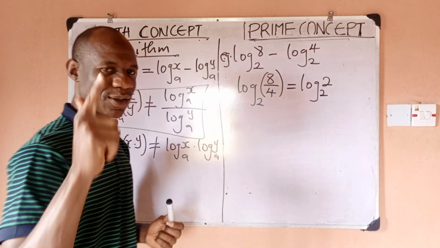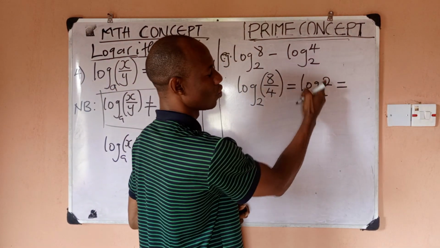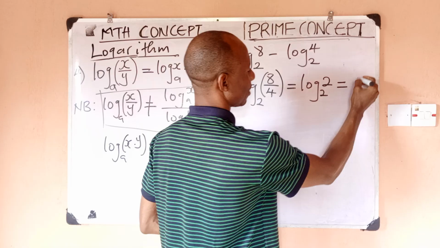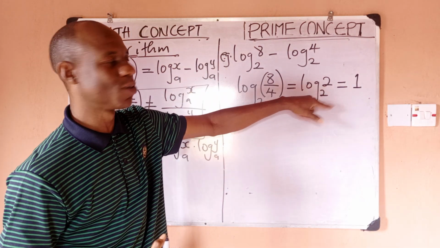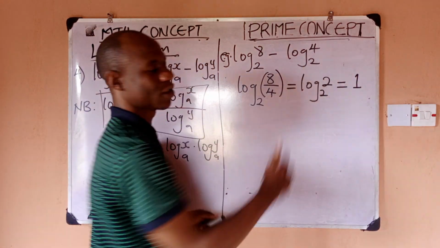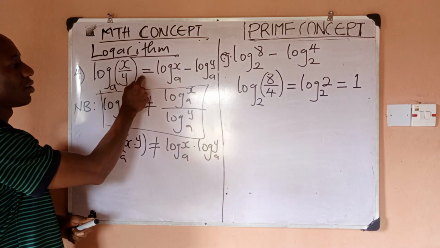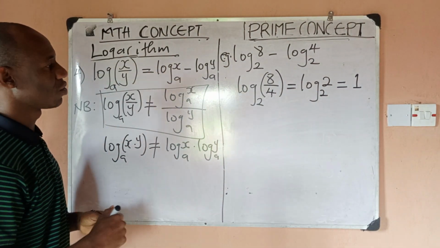Of course not. So what do you think would be the final answer? The final answer, because I have 2 and I have 2, my final answer will become what? 1, because log 2 to the same base 2 would be equal to 1. So you see how we have simplified this, and the answer is actually what? 1. So that is how you can use this. You can move from here to here, here to here, depending on what you want to achieve in the question.